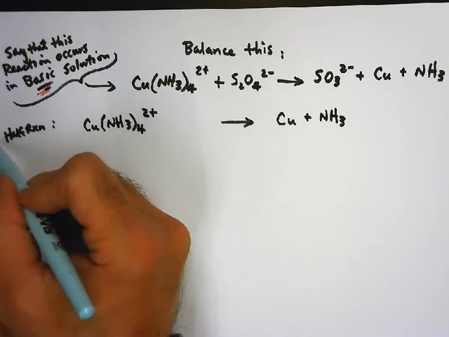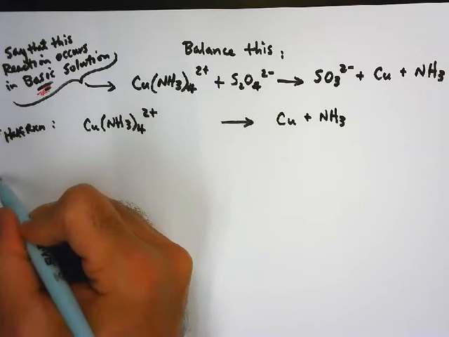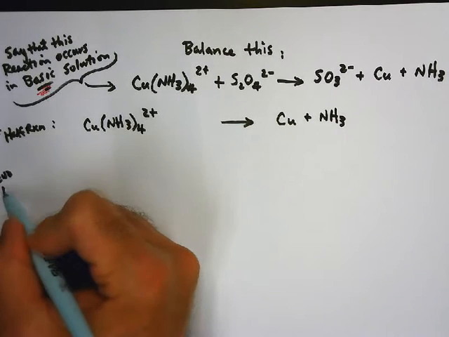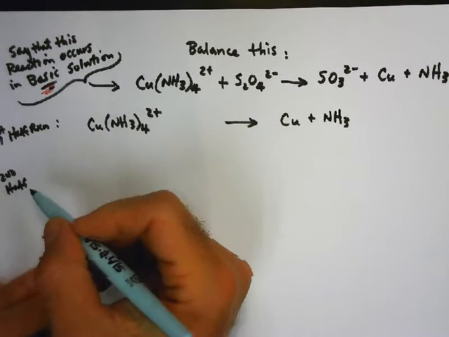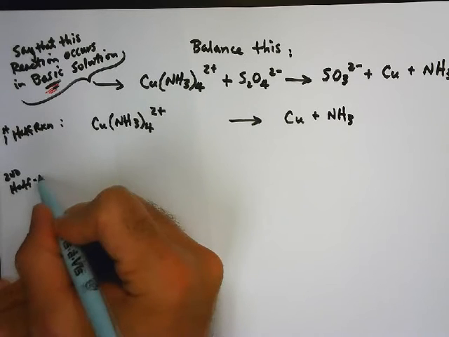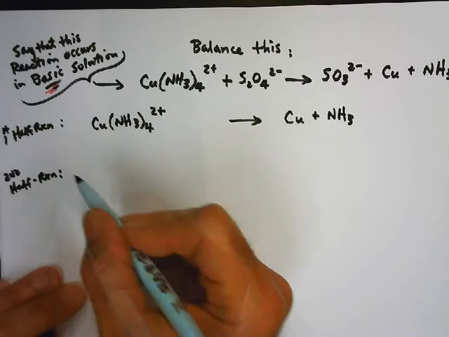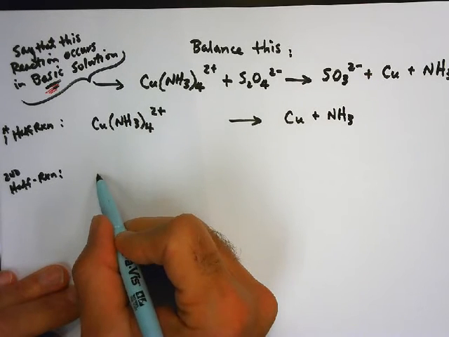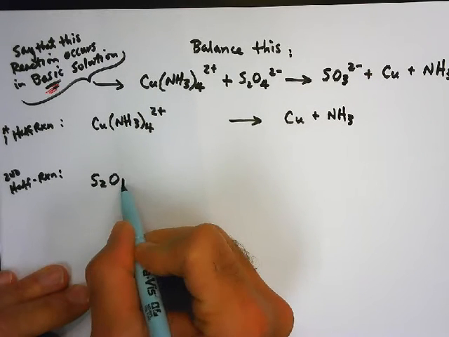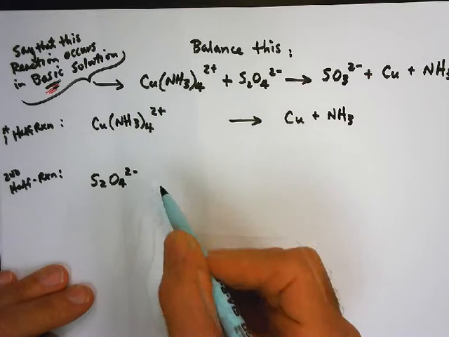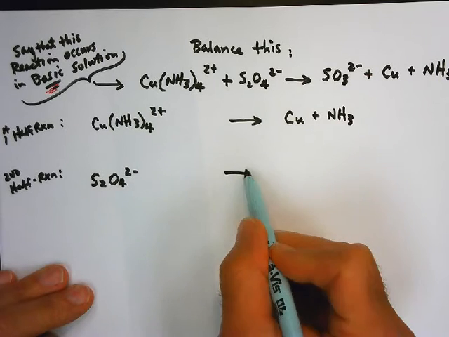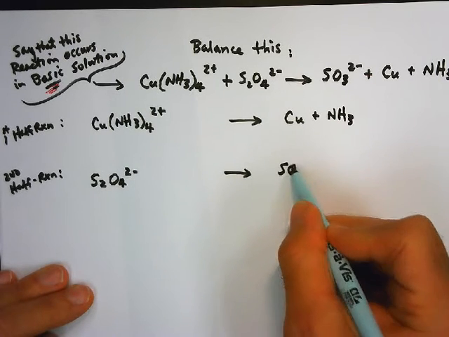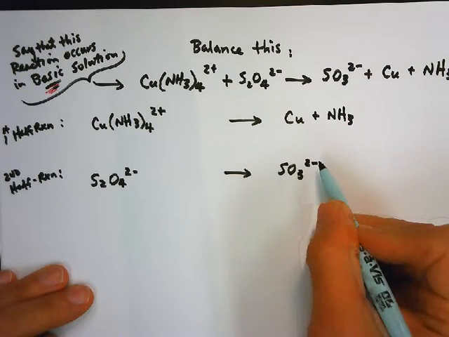Let's look at the second half reaction. The second half reaction, that would be this right here. So S2O4 with a -2 charge total on the left, and then on the right it would be SO3 with a -2 charge.